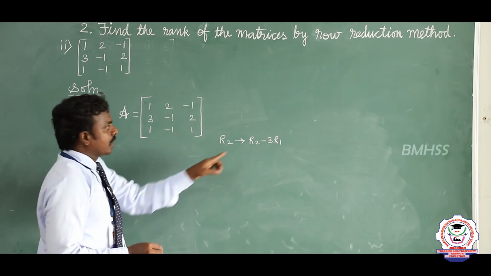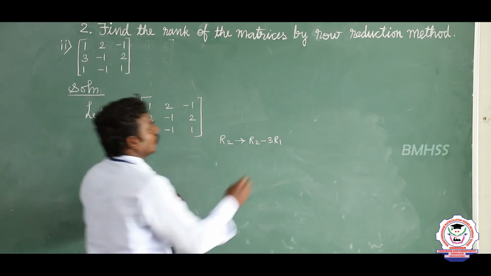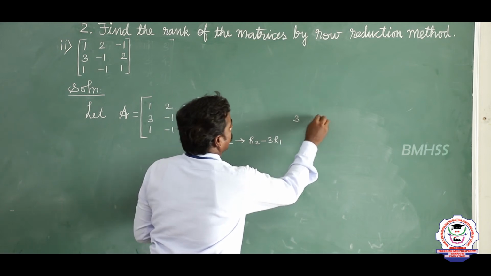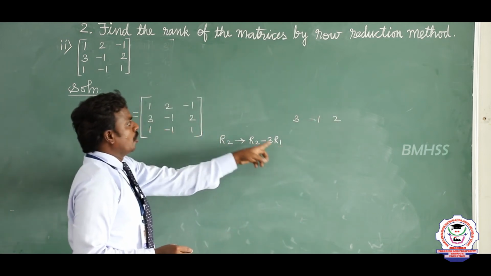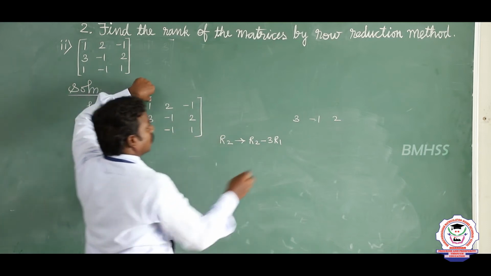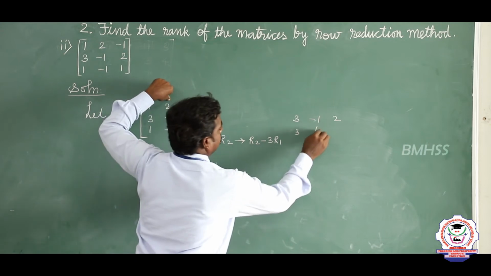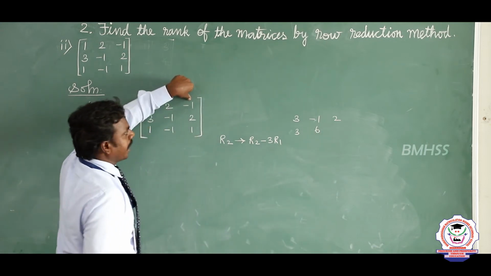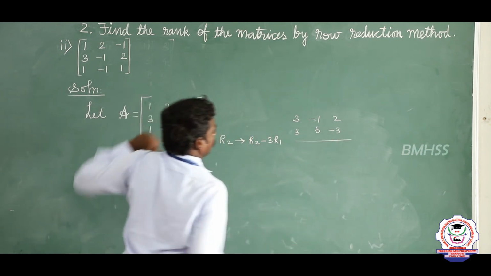The second row elements are 3, minus 1, 2, and multiply the first row by 3: 3 into 1 is 3, 3 into 2 is 6, 3 into minus 1 is minus 3. Now subtract these values.